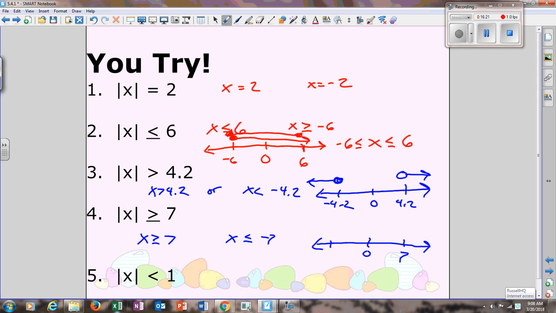So it's all the numbers that are bigger than or equal to 7. And then you have all the numbers that are less than or equal to negative 7. So it makes it an OR. We'll come back when we wrap this up.